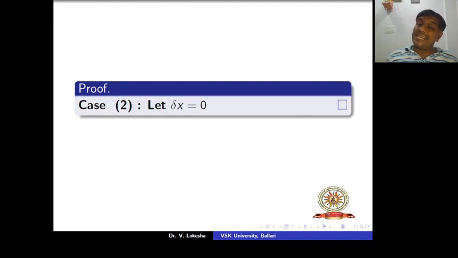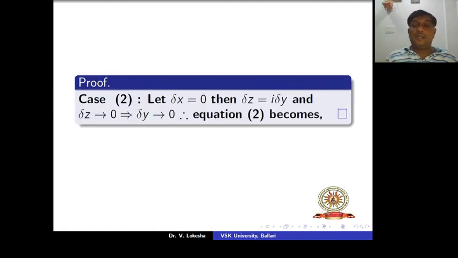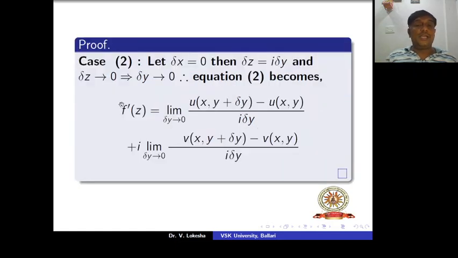Similarly, we can do the second case. If delta x tends to 0, then delta z becomes i times delta y, and delta z tends to 0 as delta y tends to 0. Equation 2 becomes f'(z) where the delta x terms become 0. Here also delta x is in the denominator, and that is 0. Then the remaining is this one. You know that a complex number should not be present in the denominator.